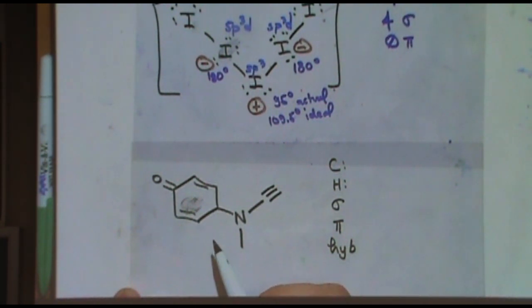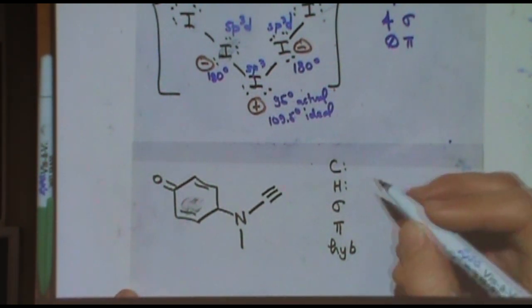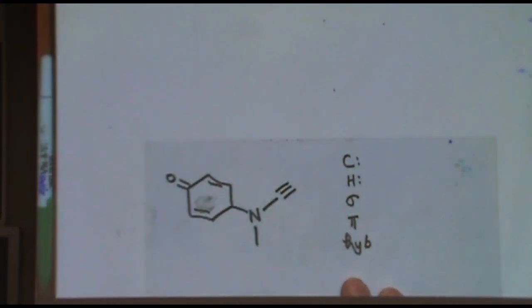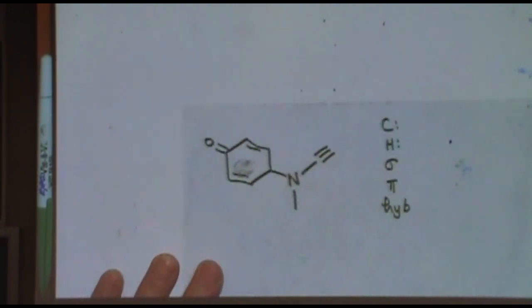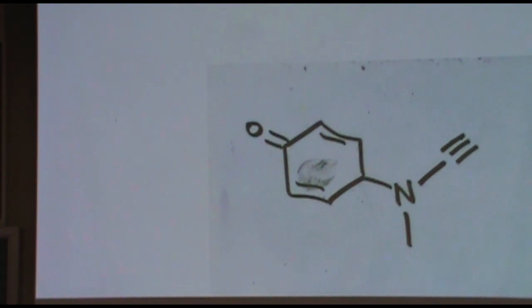Triple one is 5 hydrogens. If you don't want to see it, I'm going to move this and put my answers off screen. Hydrogen, sigma, pi, and heavy. Oh my gosh.